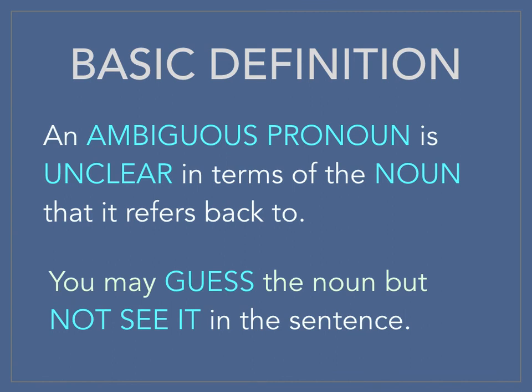And you keep getting expressions like they took care of the animals, they studied the animals. Well, you may get the sense that it's scientists of some kind, animal trainers of some kind, but if the noun is not there, can't really work with it. So you may guess a noun for ambiguous pronoun, but you just won't see it.